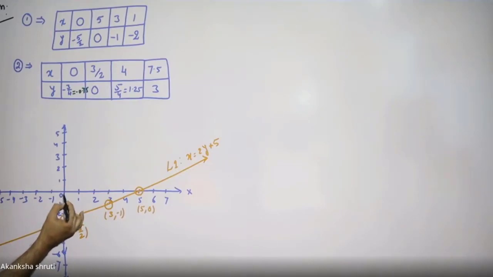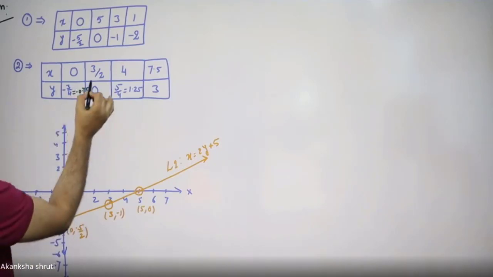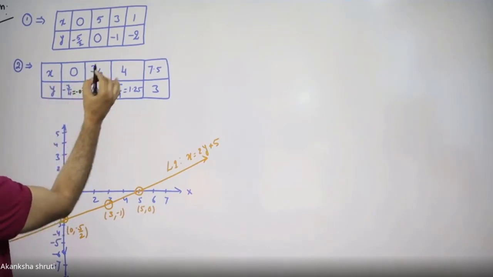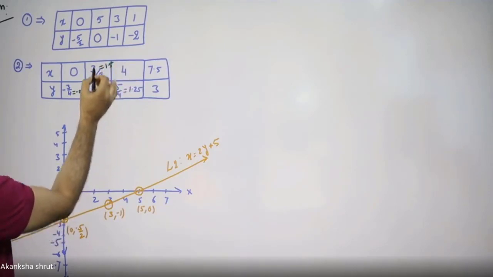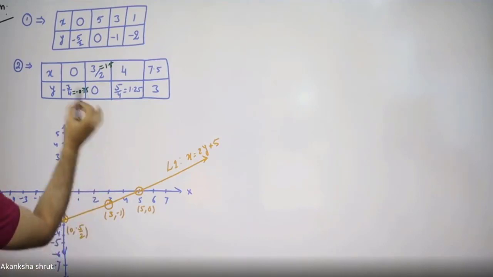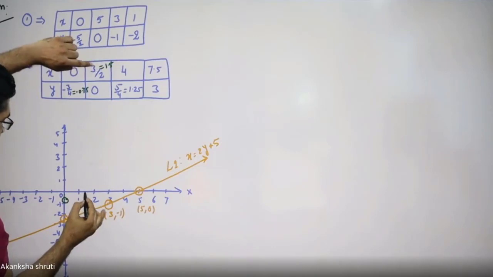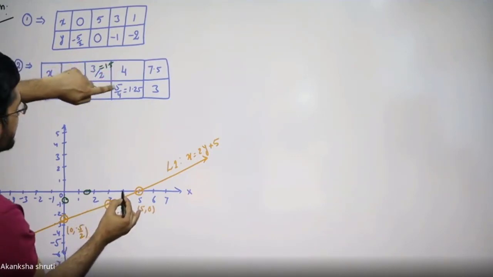So x is 0, y is 0.75, closer to this 1. It is this one. The second one, while x is 3/2, means 1.5, y is 0. So it is on the x-axis where y value is 0. So y value is 0, x is 1.5. It is somewhere here.